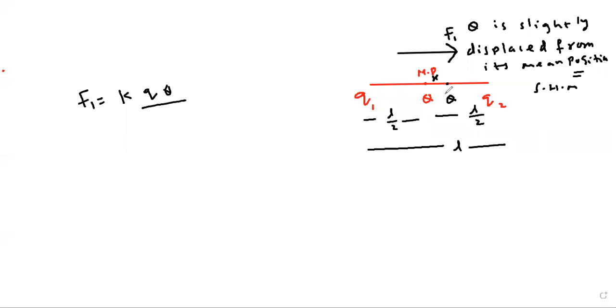Now the distance from this charge to the displaced charge is L/2 plus x, whole square. So according to Coulomb's law, we got F1.